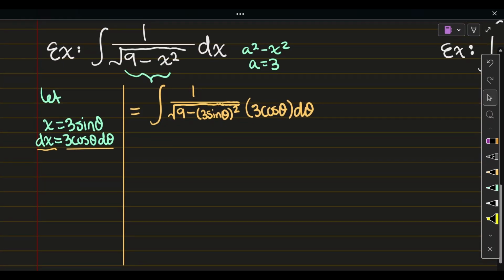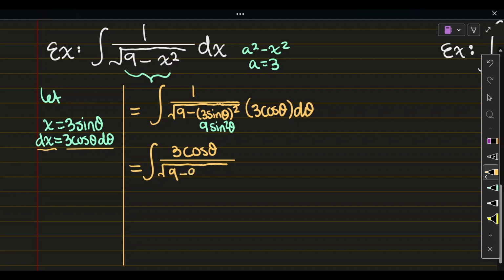Now I notice that this 3 sine theta squared is going to be 9 sine squared theta. So I'll rewrite this as the integral of 3 cosine theta over the square root of 9 minus 9 sine squared theta d theta.